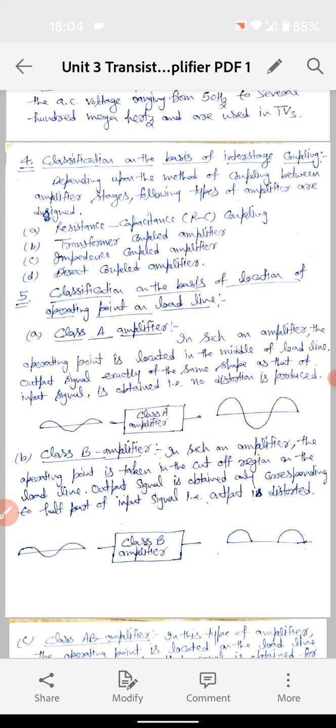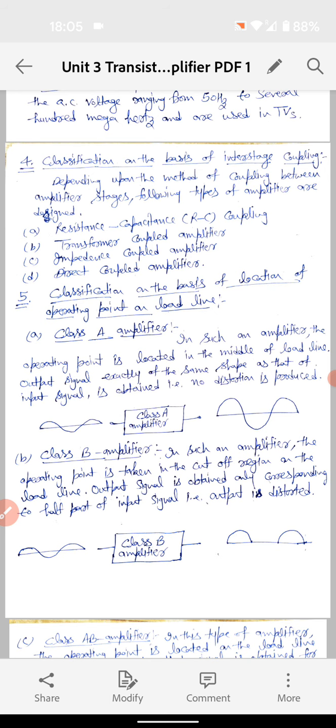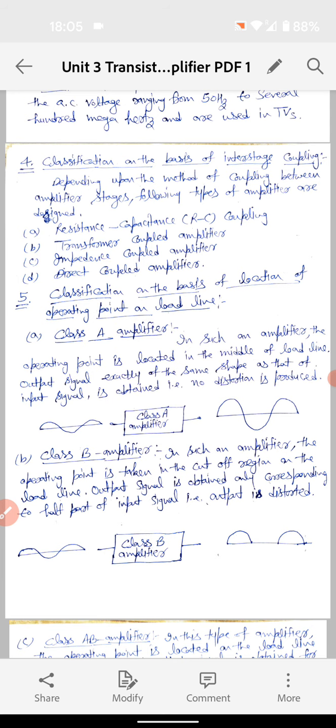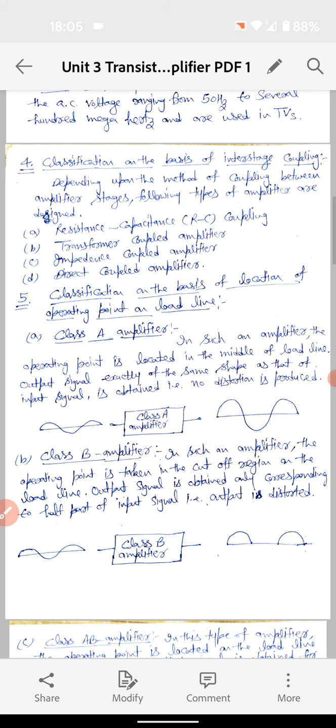That straight line which cuts the axes with a negative slope, along the voltage and current axes, is known as the load line, and a particular point on that load line is known as the operating point. So based on where that operating point lies on the line, we classify another class of amplifier.